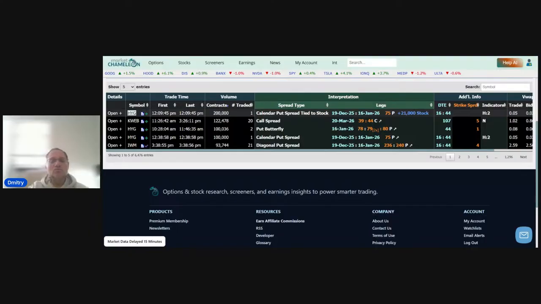The highest volume by option contracts in a spread was HYG, and this looked like a calendar put spread tied to stock. You have to go and find the stock component, which we see is 21,000 shares. So we could interpret that the biggest trade was a calendar spread that looked like it had a stock component. Let me just open this up for a second.